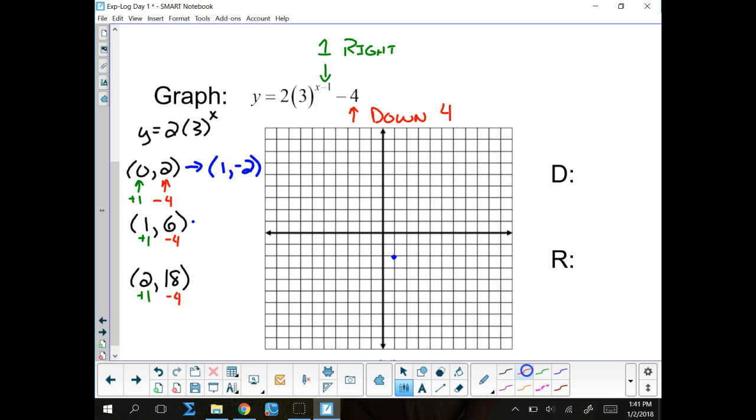This one goes to the point (2, 2). This one goes to the point (3, 14).